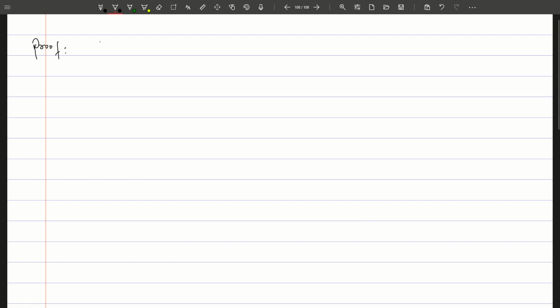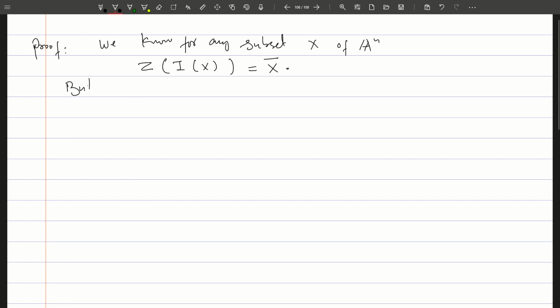So we know for any subset X of A^n, Z of I of X is actually the closure of X. But if X is inside script A, then the closure of X is X, because this would imply that X is an algebraic set, and hence a closed set with respect to the Zariski topology.